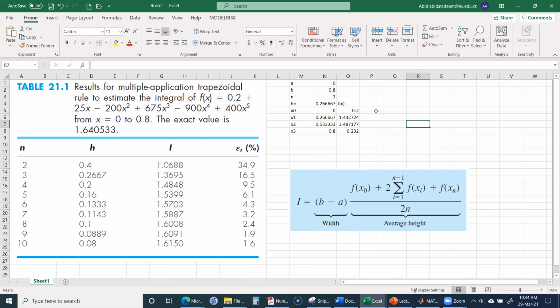This is the formula, and you can see that in this formula we have the value f of x naught.